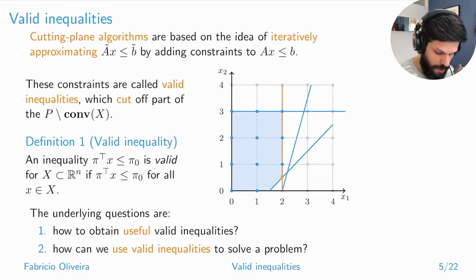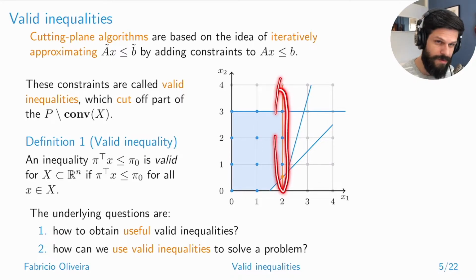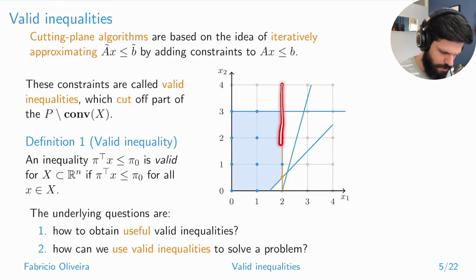So the questions we're going to be trying to answer in this is, well, okay, this is a beautiful inequality, you know, really tight, cuts exactly what we want in this direction. But how do we obtain inequalities that are this useful? That's point number one. And point number two is, how can we use that? I mean, okay, I generated this and it looks pretty good.